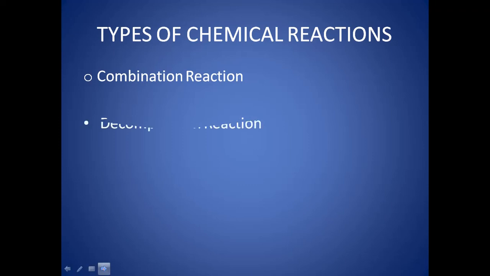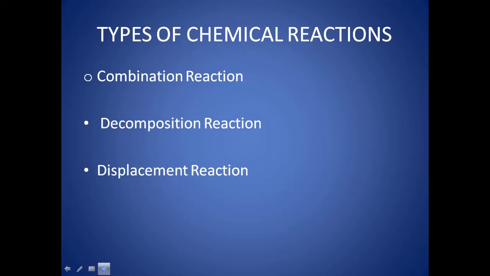Then there is a decomposition reaction, means one thing is bigger and we decompose it, we separate it, that is a decomposition reaction. The third one is displacement reaction. What happens in displacement reaction? One element comes, it displaces someone and takes his place and he goes out, that is displacement reaction.